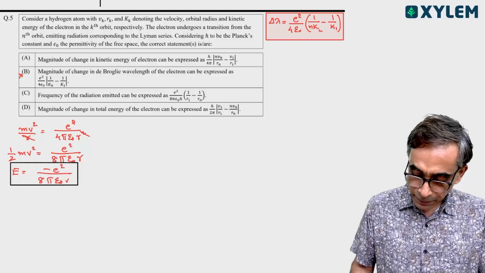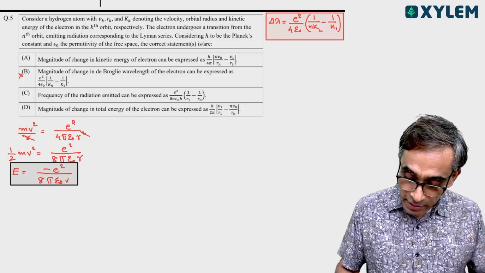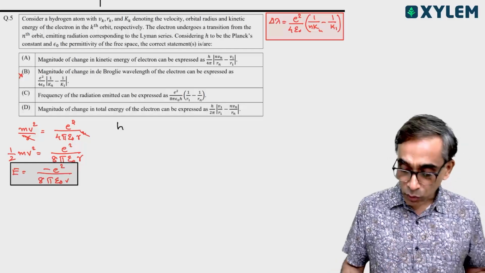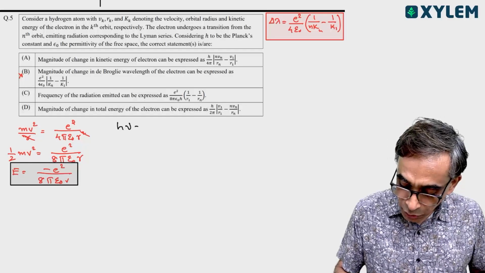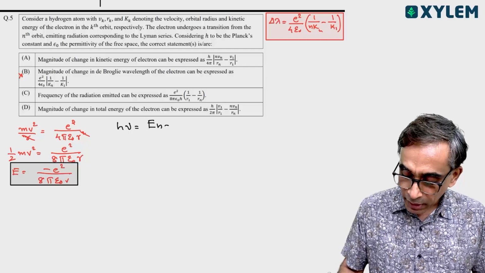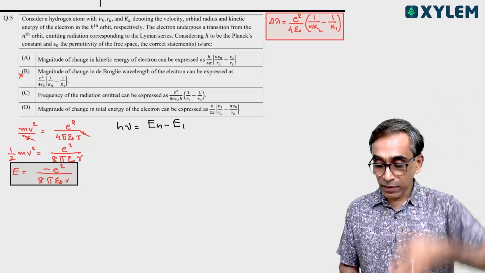Now, when an electron makes a transition, we know that it sends the remaining energy in the form of a photon, and that energy is given by h nu equal to En minus E1, because En is the higher energy, E1 is the lower energy.